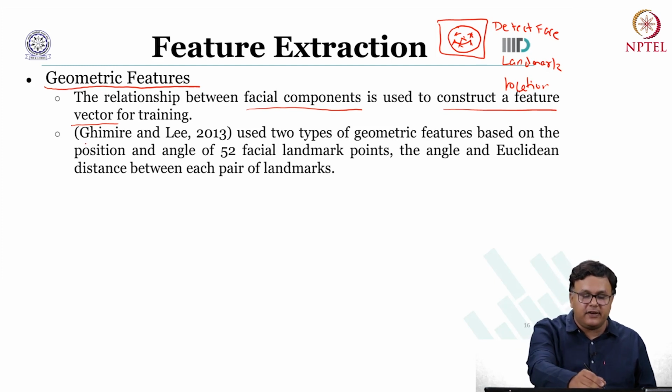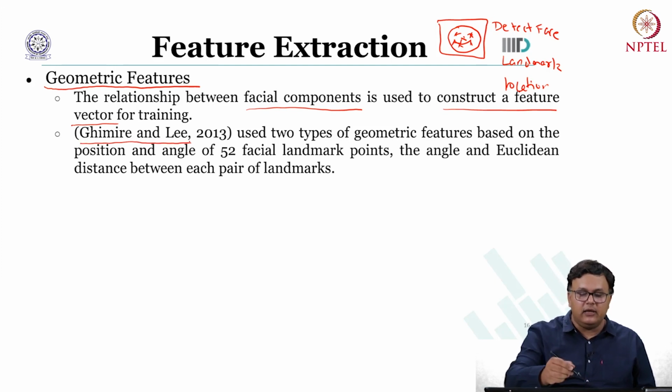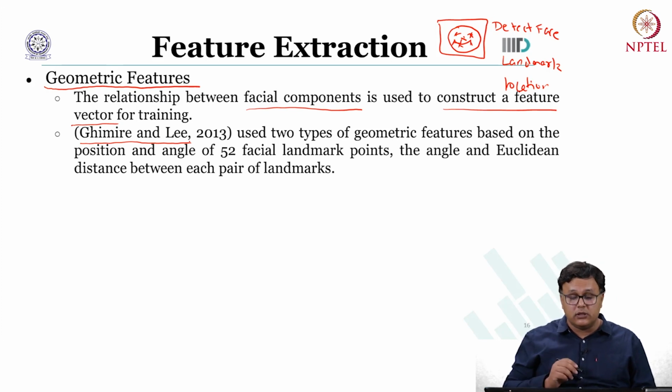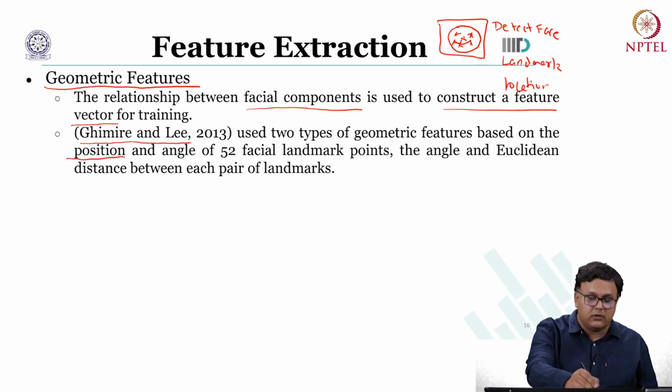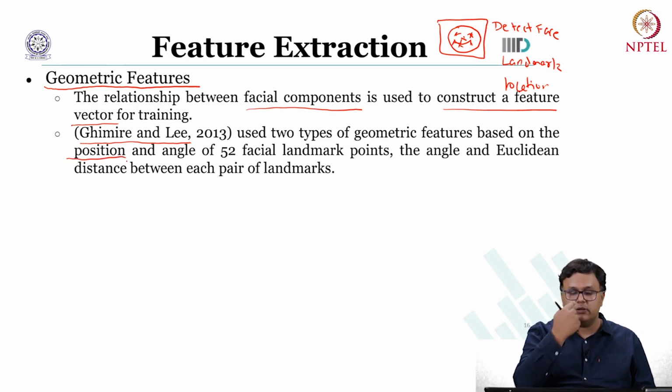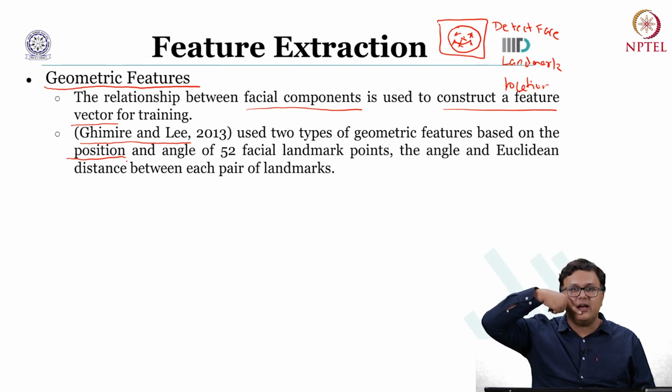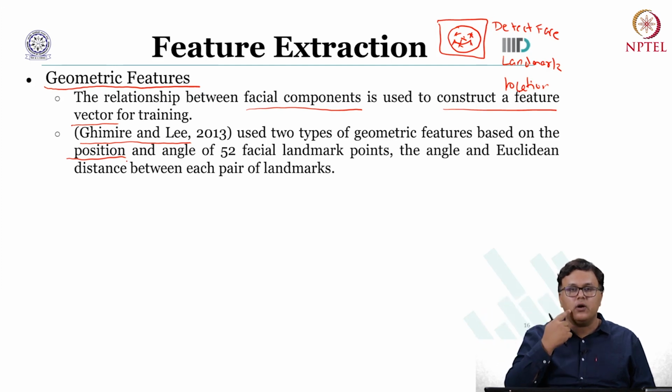Now, in one of the very interesting works, Jimmer and Lee in 2013, proposed that you can have two types of geometric features. One is based on the position, where is the tip of my nose, and the other is the angle. So when I smile and you notice my face, the angle between the outer corner of the lip and the lower center of the lip.